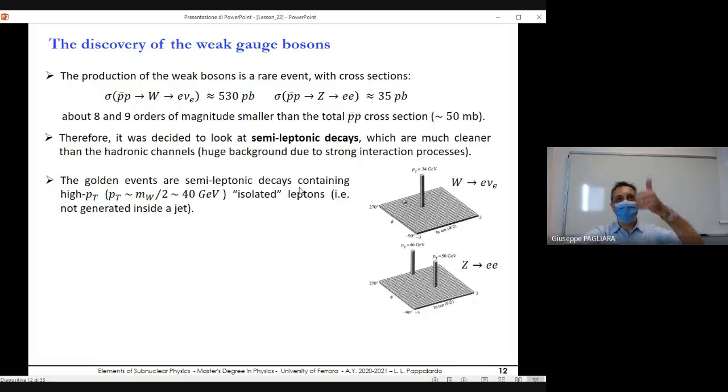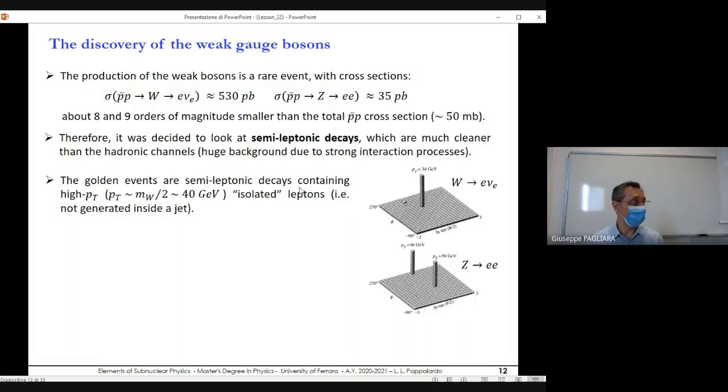Okay, so the two protons are colliding in the collinear direction, along the Z axis. Okay, if you have a very large transverse momentum carried by only leptons, and when the sum of these transverse momenta essentially equals the mass of the W or the Z, then you are done. This is most likely a good event. Okay.